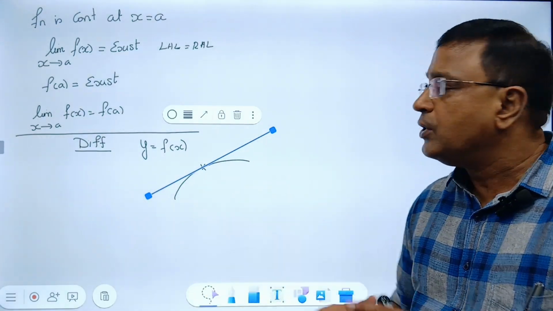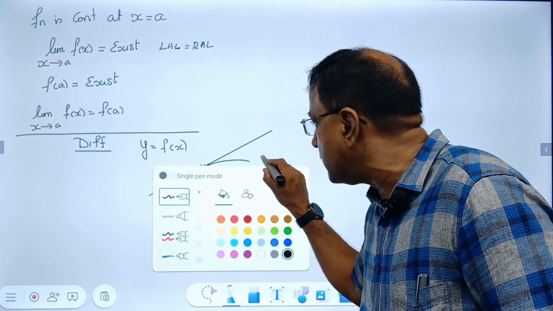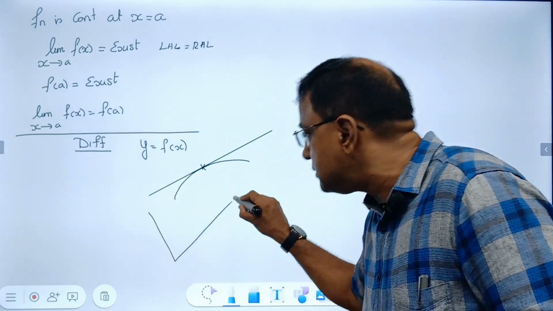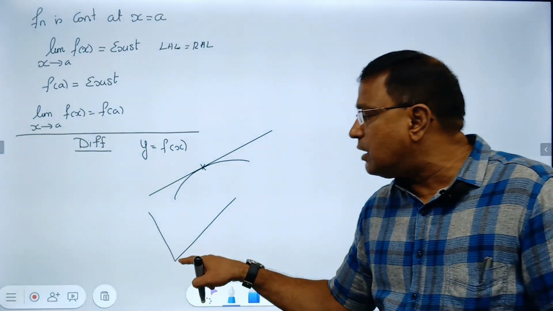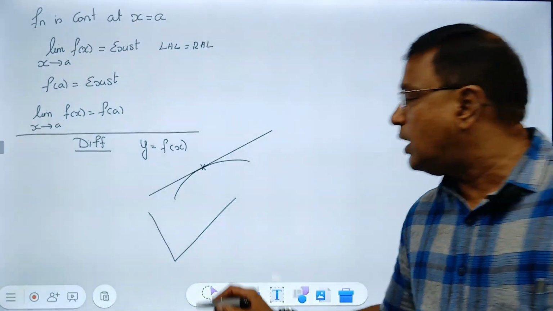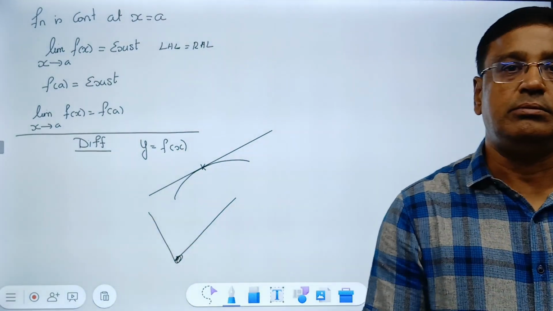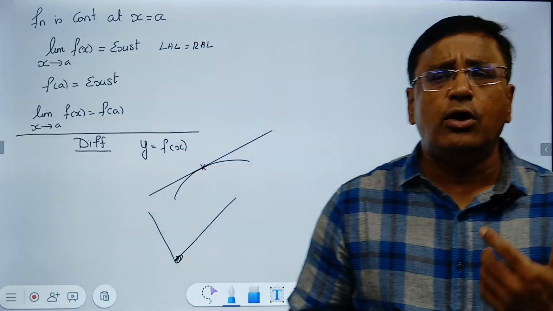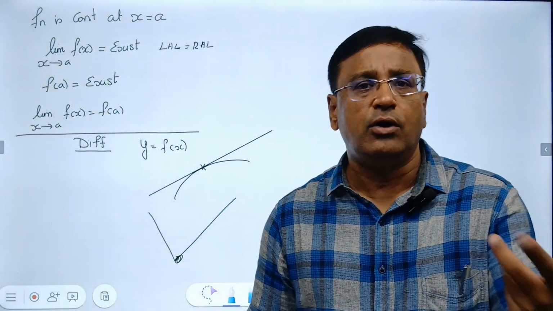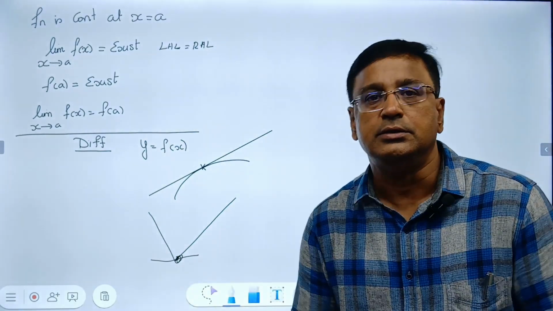If I have a sharp edge, it is not possible for me to draw a tangent. So at this point the function is not differentiable. It means you cannot draw a tangent there, or if you draw a line, that is not a tangent.